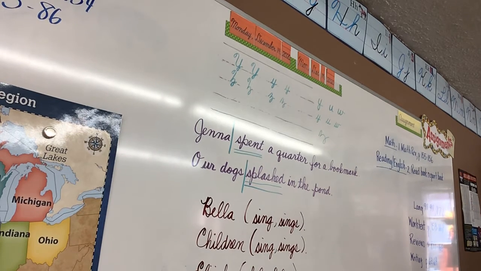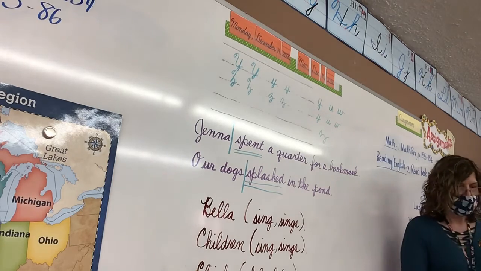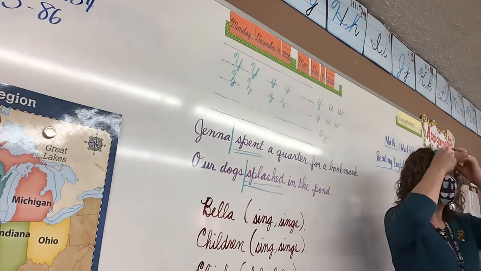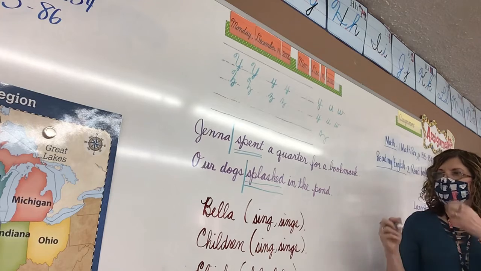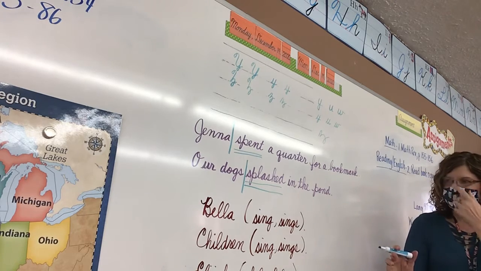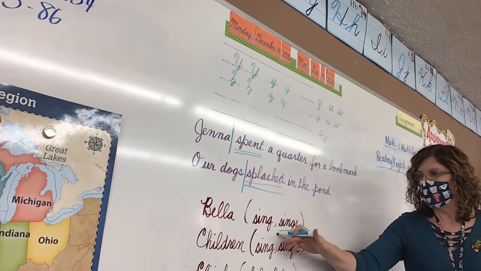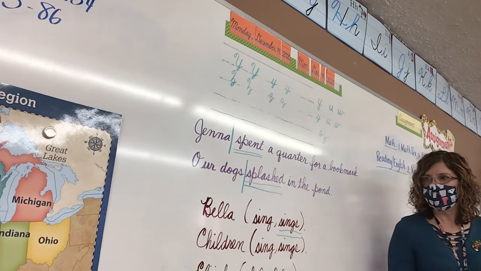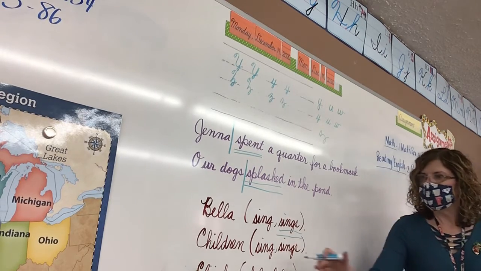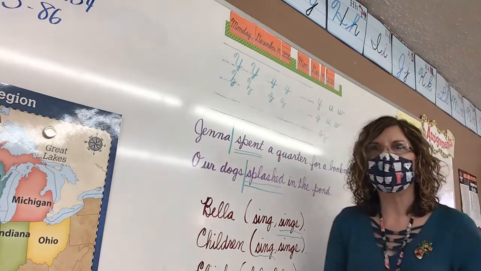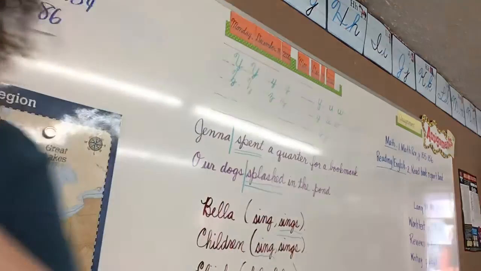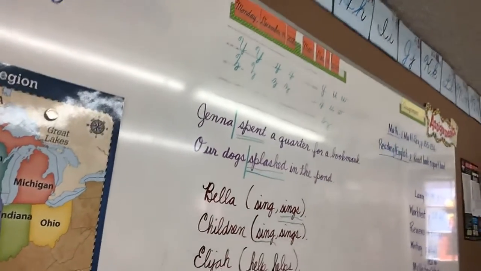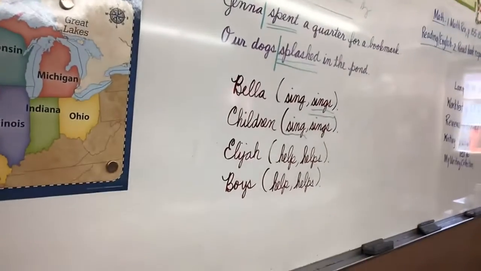All right, let's look at the board and do that. Bella, is Bella singular or plural? Singular. So we're going to use the word Bella sings. Bella sings. Children sing. And that is the one that was on your paper. Exactly. Children sing. Next it says Elijah helps.